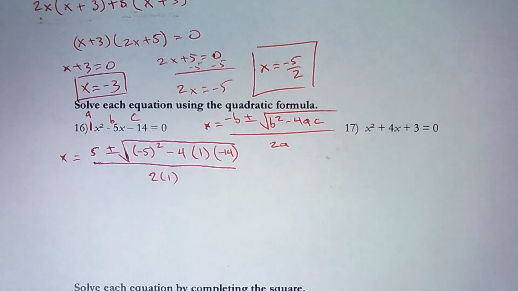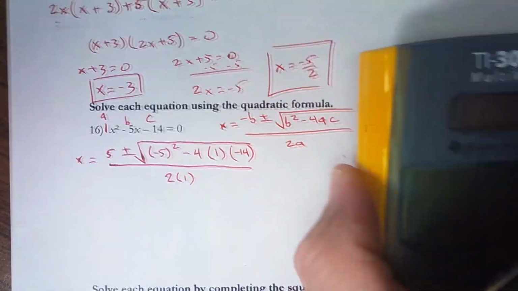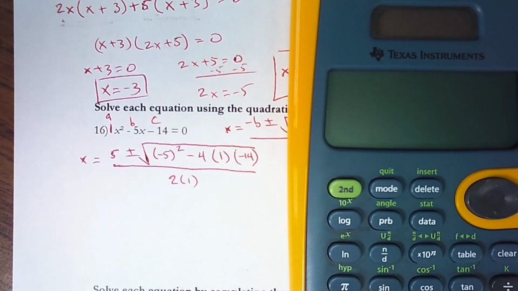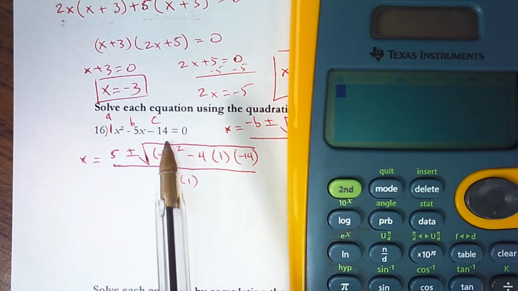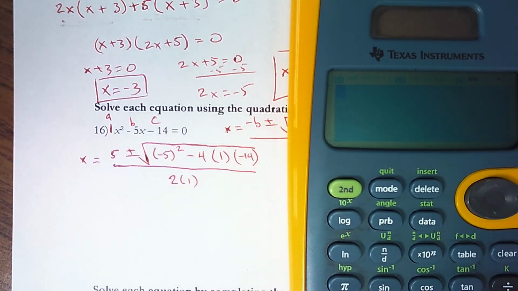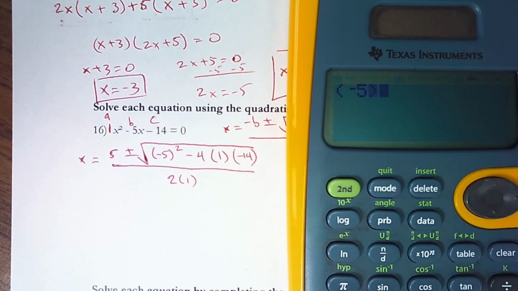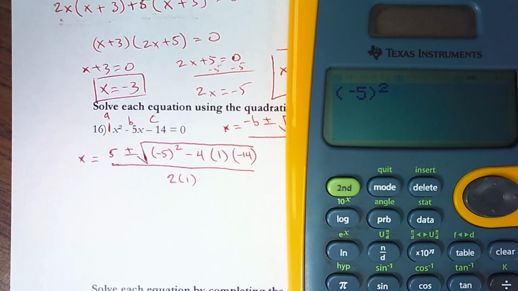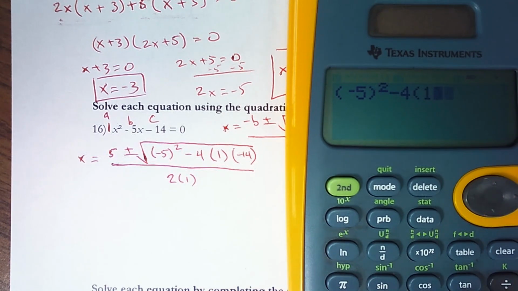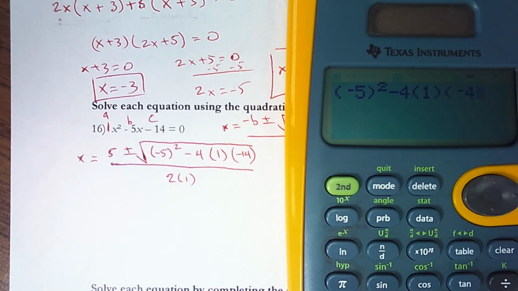If we plug some things into our calculator here, we might be able to get through this in a little bit shorter time than doing it all by hand. So I'm going to type in negative 5 squared minus 4 times 1 times negative 4.